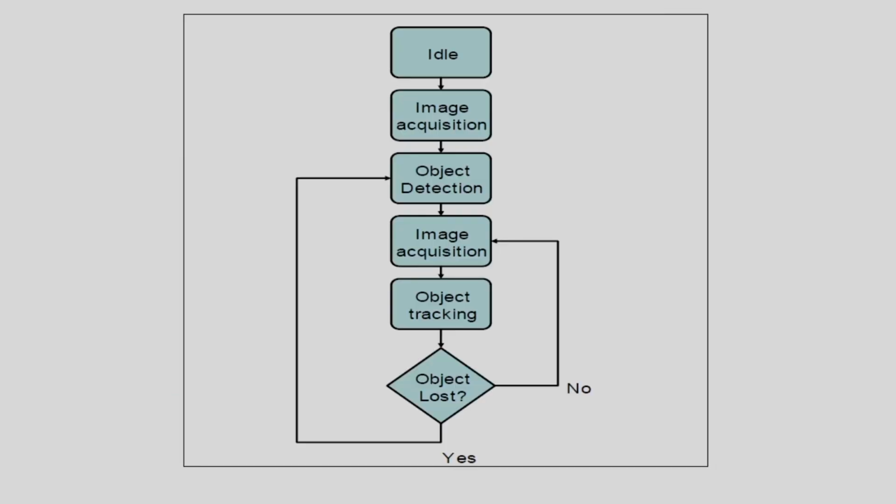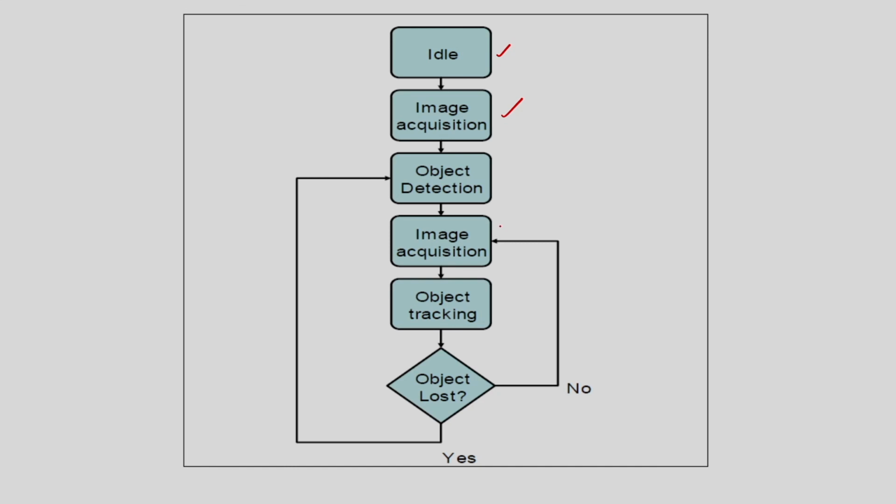And how to detect the object, I am showing one simple flow chart here. So suppose the object is stationary. After this we are considering the image acquisition. After this we can detect the object. So object detection algorithms are available.